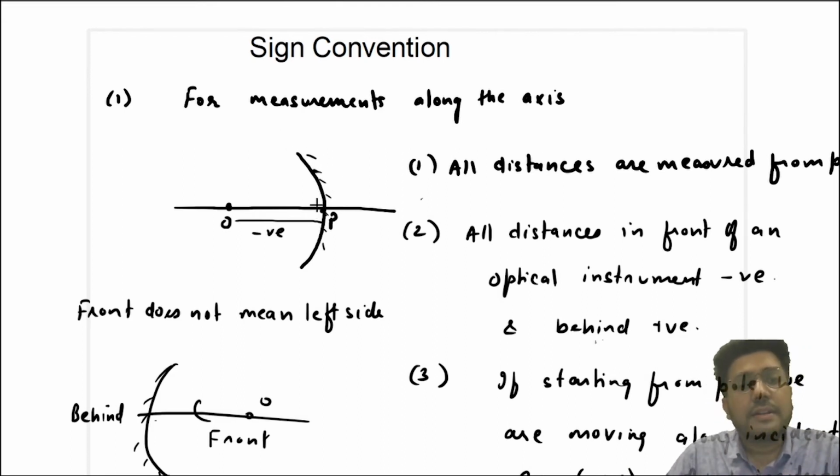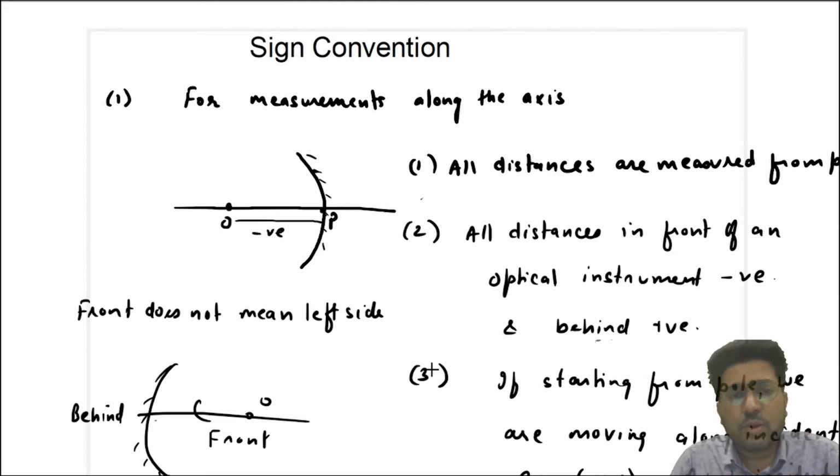So here, we have to start from the pole and the incident ray is moving like this. So to measure this distance starting from the pole, we have to move opposite to the incident ray. If you move opposite to the incident ray, then that distance is negative. So the second and third points are basically the same thing, but they are explained in a different manner.